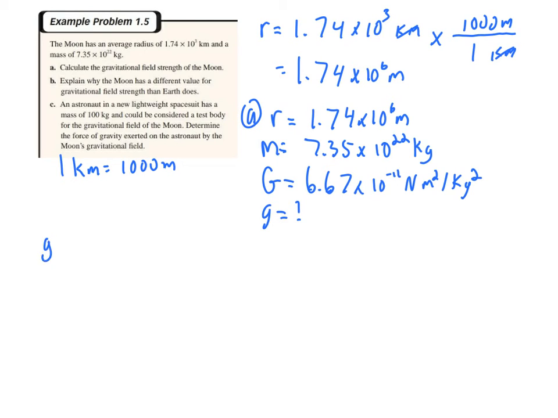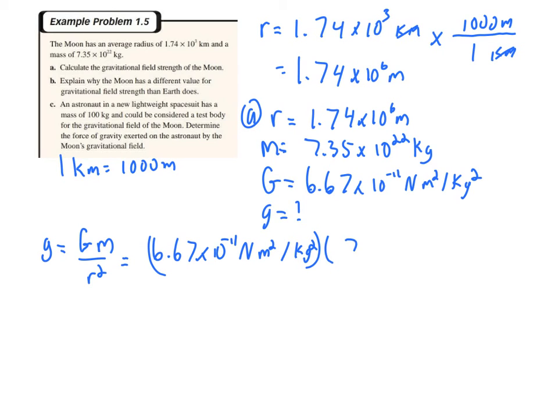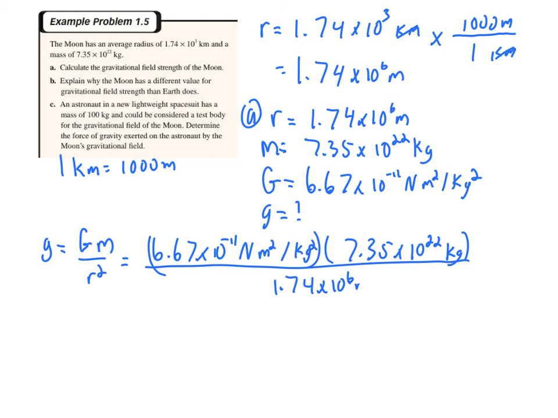So we'll go over here and give myself some space to do this. Little g is going to equal big G m over r squared, which is 6.67 times 10 to the negative 11 Newton meters squared per kilogram squared, multiplied by the mass, 7.35 times 10 to the 22 kilograms, and then divided by r squared, which is 1.74 times 10 to the 6 meters, squared.